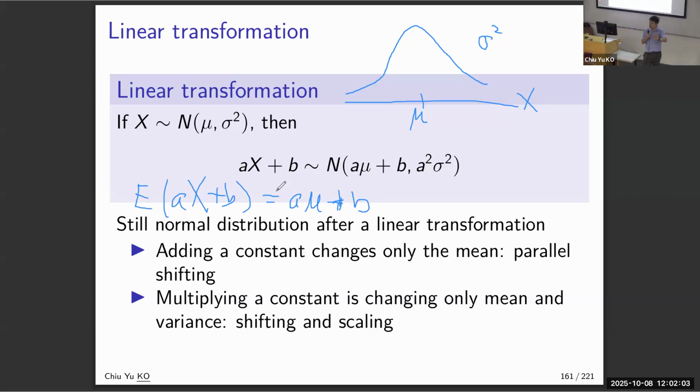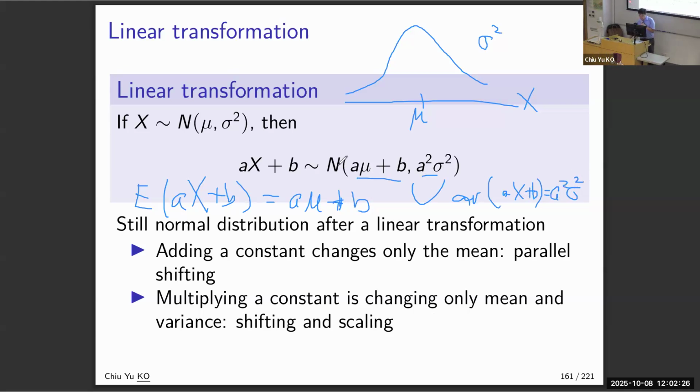This is the linearity of expectation; it doesn't really rely on the bell. And the variance is always A squared sigma squared. So this part is okay.